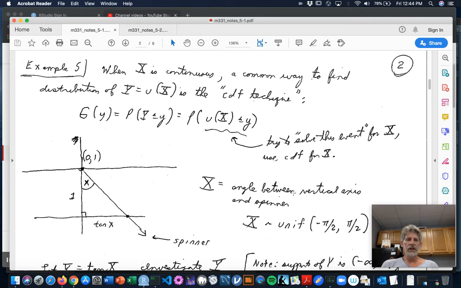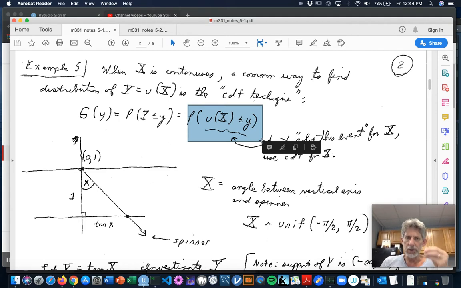So the idea of the CDF technique is that if Y is some function of X, like it's u of X, where u is some function, and you want the CDF for Y, let's call that CDF capital G. So if you want the probability that capital Y is less than or equal to little y, then it's going to be the same kind of back-solving idea.